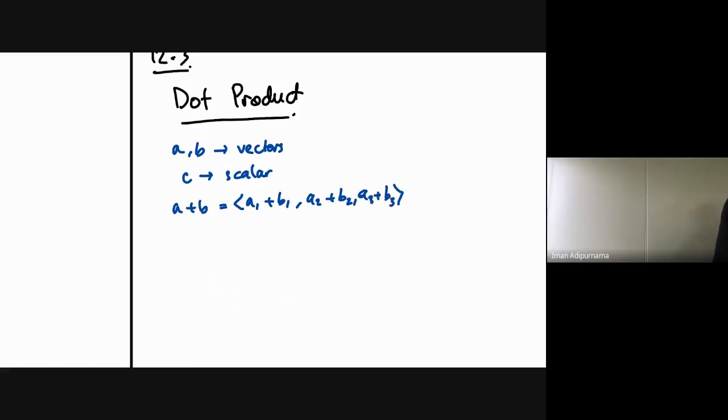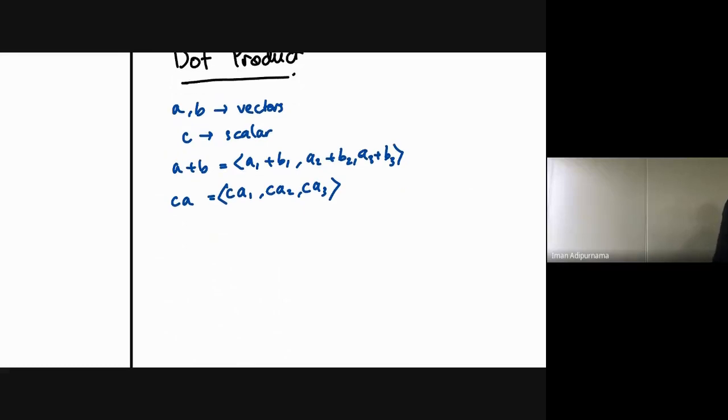And maybe we multiply with a scalar, CA. But how about if we multiply vectors?